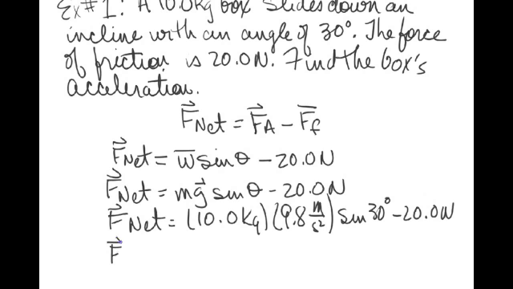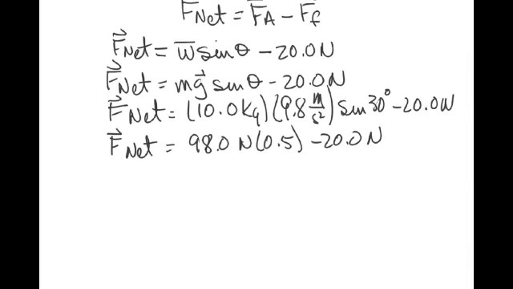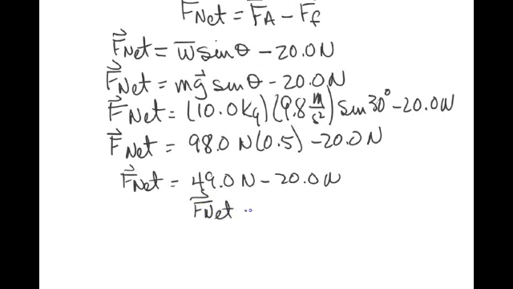Net force equals 98 newtons times 1/2, which is the sine of 30 degrees, minus 20 newtons. Net force, 49 newtons minus 20 newtons gives us a net force acting on the body of 29.0 newtons.